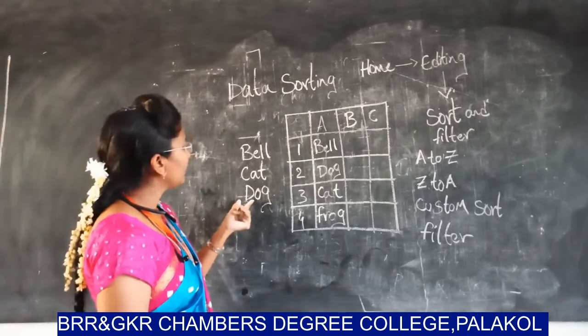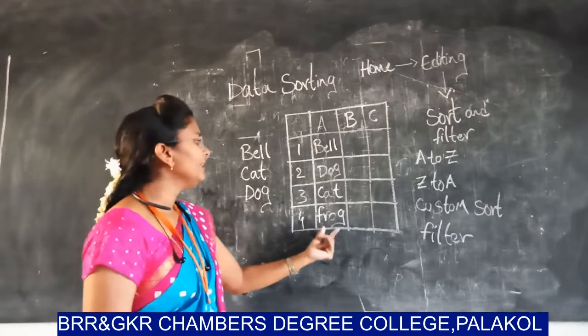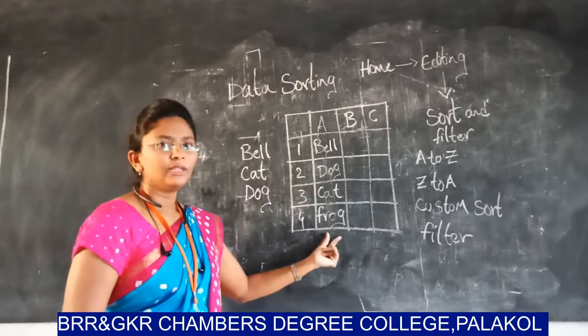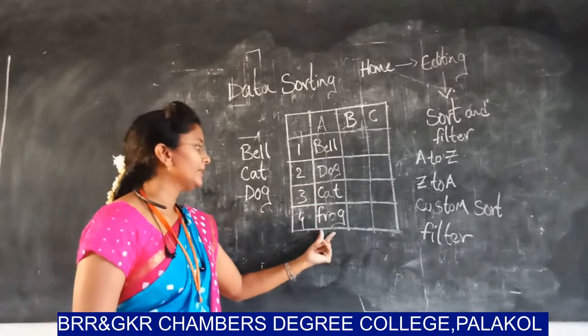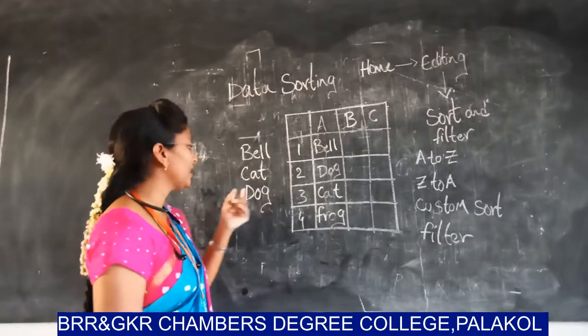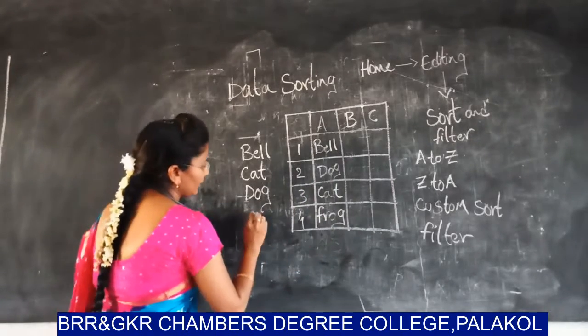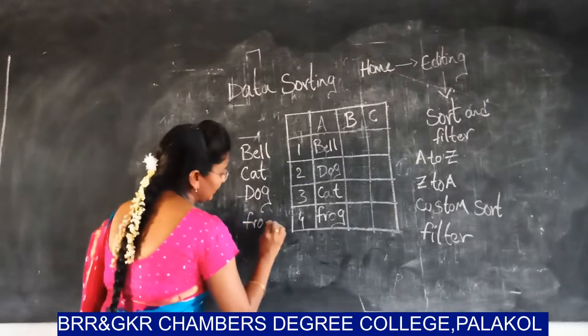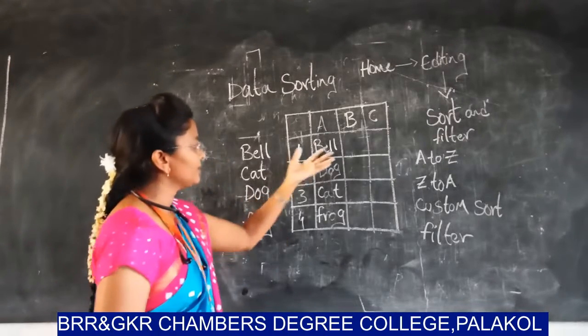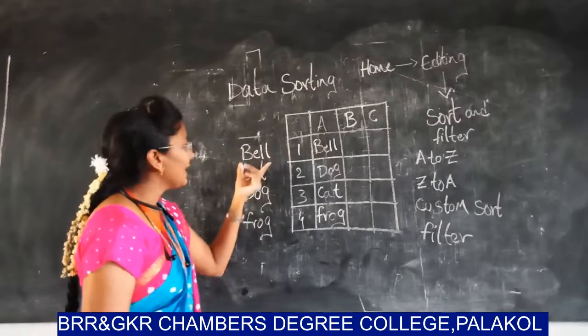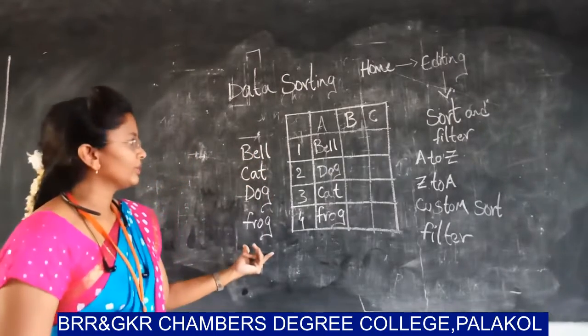After D, checking for E, that is not available, then going to the next alphabet, F. Here it is and it is taken. The data is finished and the arranging of data is also finished.